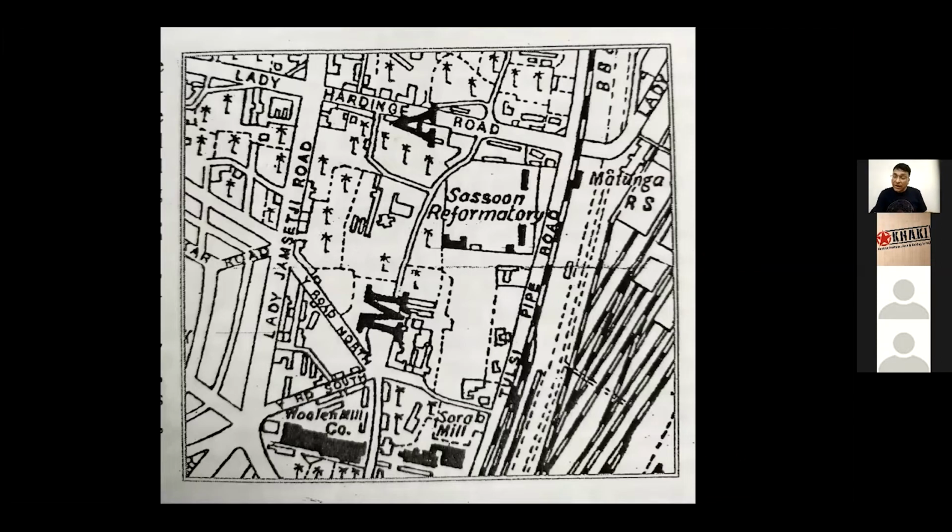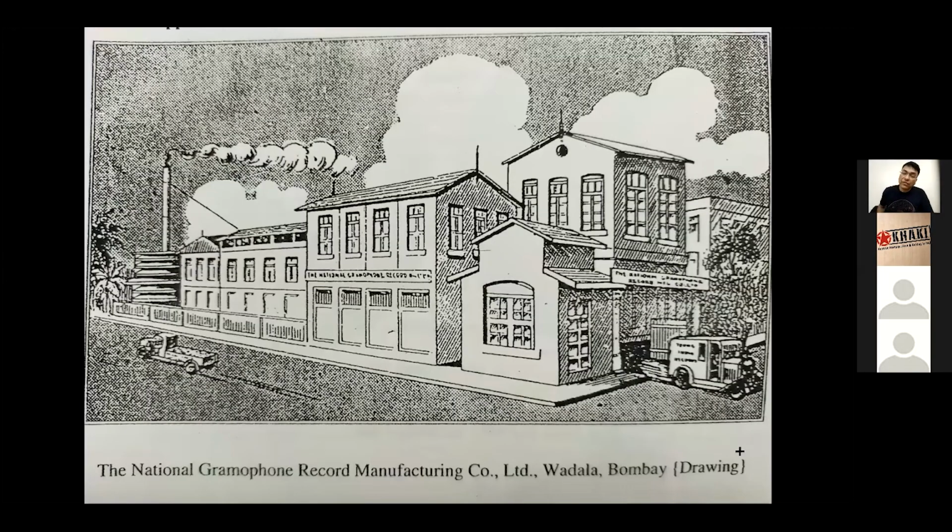Now, in 1935, a very nationalist Gujarati by the name of Dulerai Pandya has opened a new factory in Vadala. This factory is manufacturing gramophone records under the name of National Gramophone.